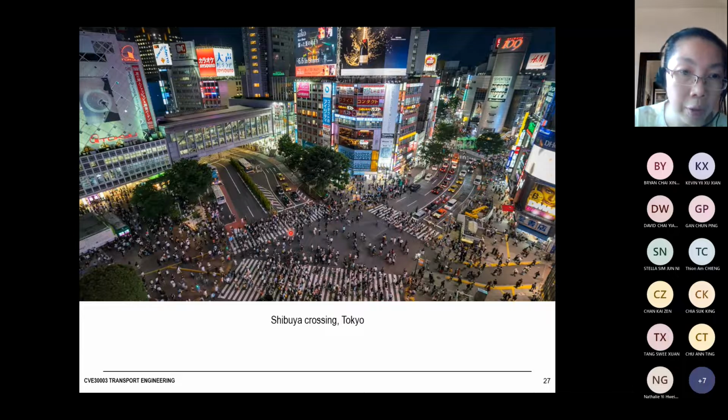And just for your information, if you are familiar with the story of a very loyal dog, Hachiko, the statue of Hachiko is, I believe, somewhere here. Yeah, I think it's here. So it's just situated there.